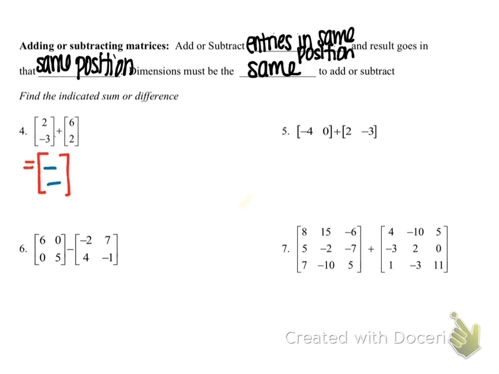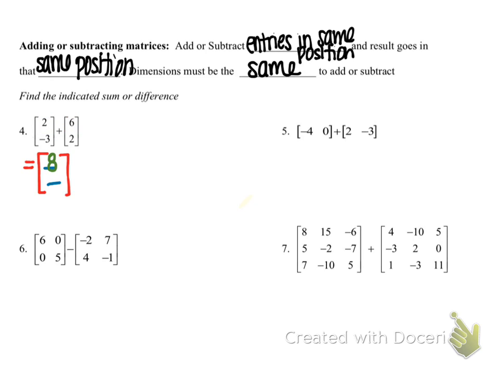Okay, how do we add these? You look at and add entries that are in the same position. So, for example, if you look at those first top entries, 2 and 6. 2 plus 6 is 8, and you just put that in the top entry in your answer matrix. Now same deal.